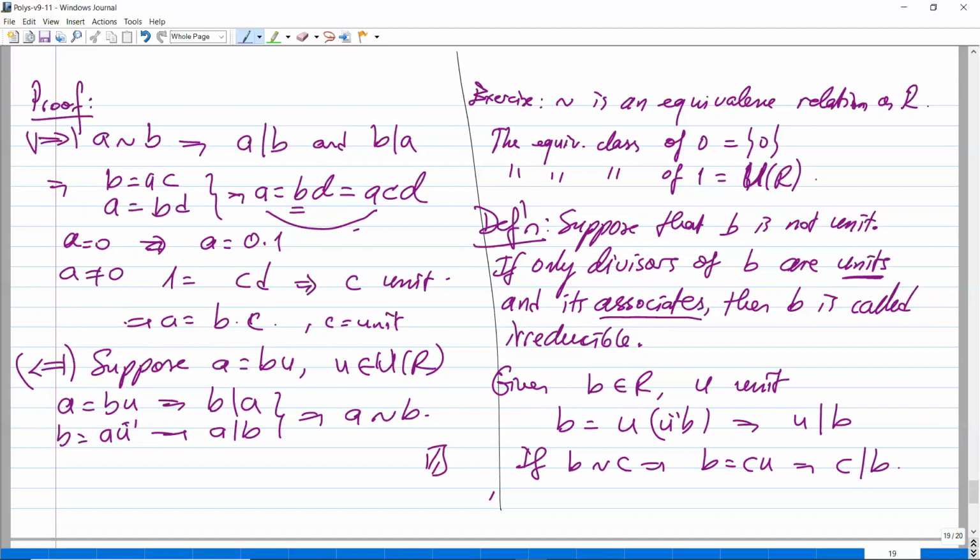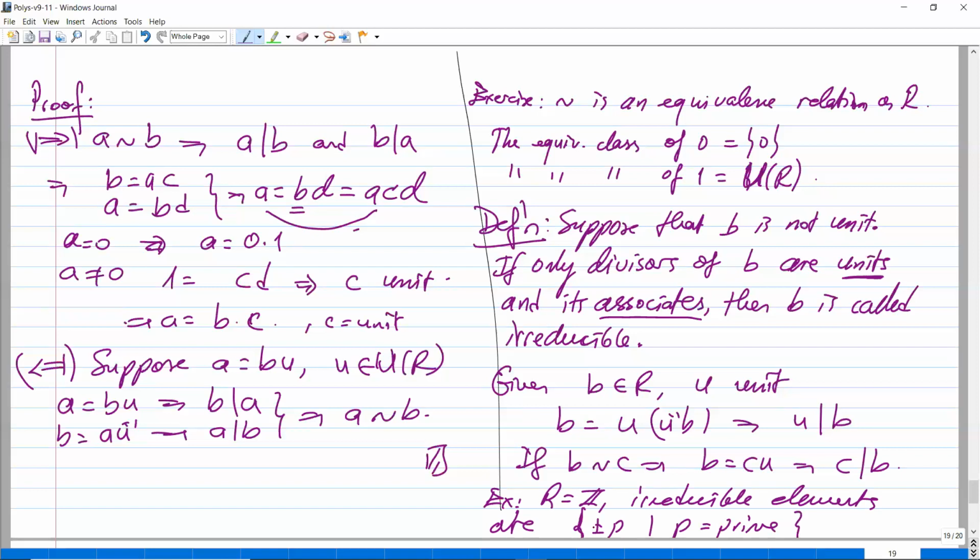So, for example, if we take R to be the integers, then irreducible elements are these numbers plus or minus P, such that P is a prime number.